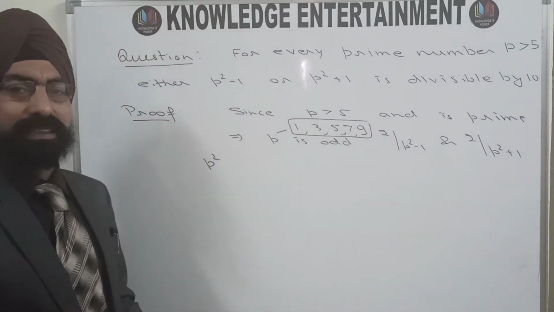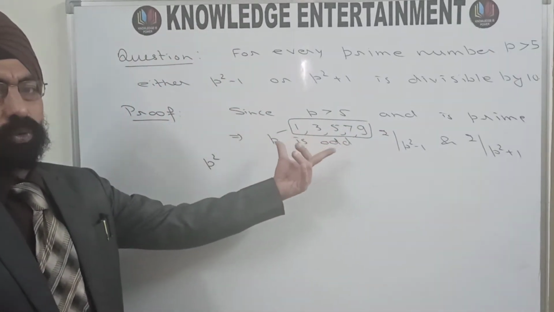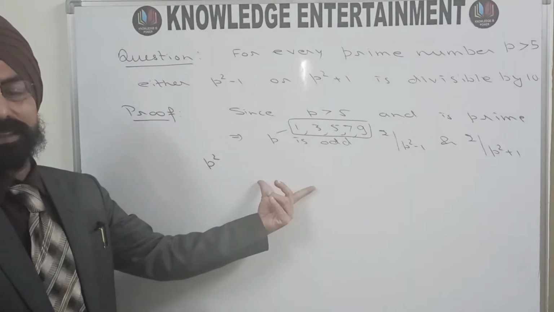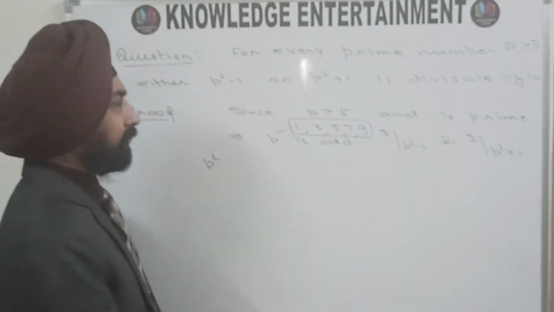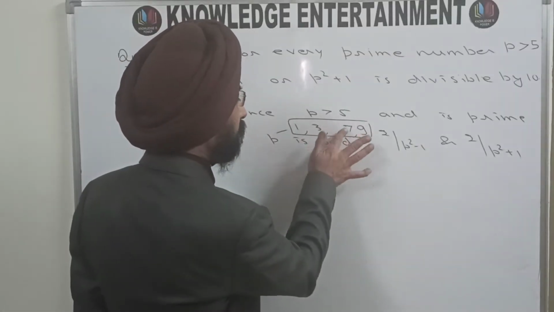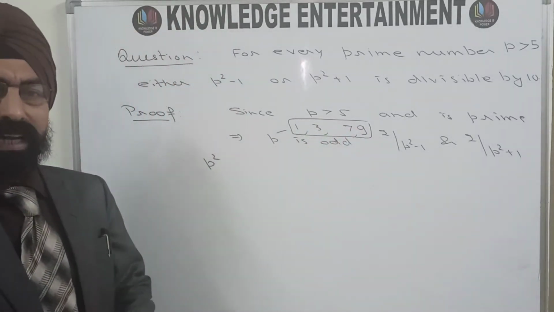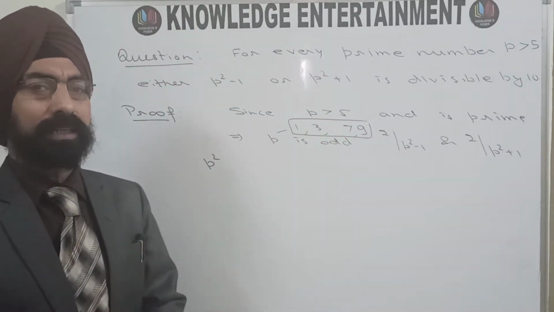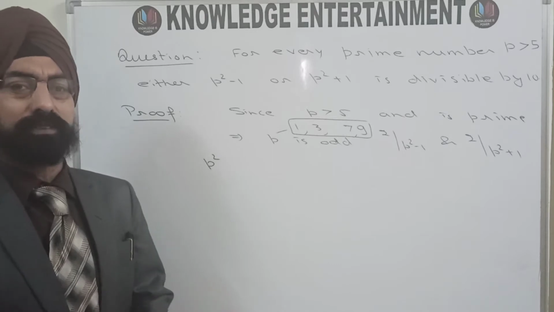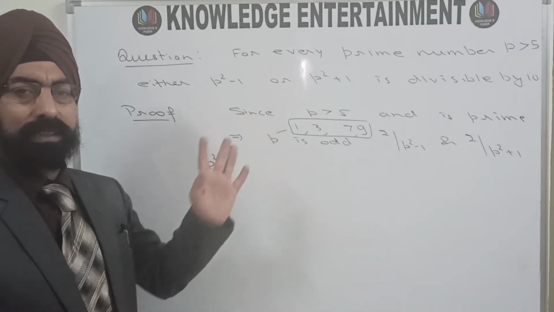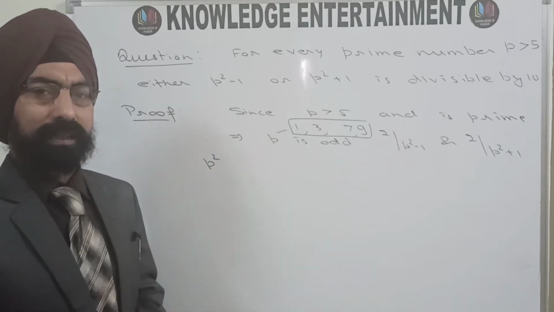One of these digits will be in the last place. Secondly, 5 cannot be, because if 5 is the last digit, the number will not be prime. It will always be divisible by 5. So we delete that particular 5.